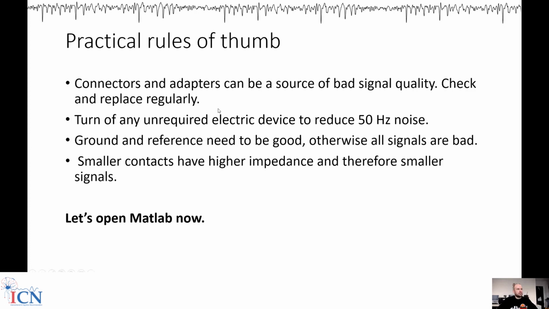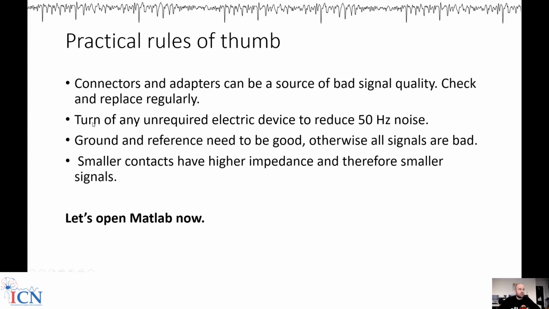It makes sense to check and replace those adapters regularly, even though they're quite expensive. If you feel that over the last 3 recordings you always got a bad, noisy signal, these connectors, adapters and cables in general can be a source of that.